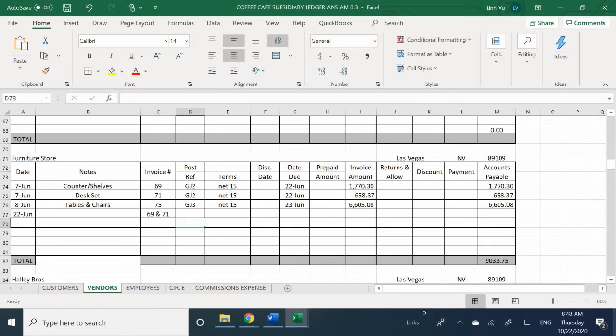Net 15 is unnecessary to do because you're paying the bill. And the due date is the 22nd, so we don't have to do the date either? Right.